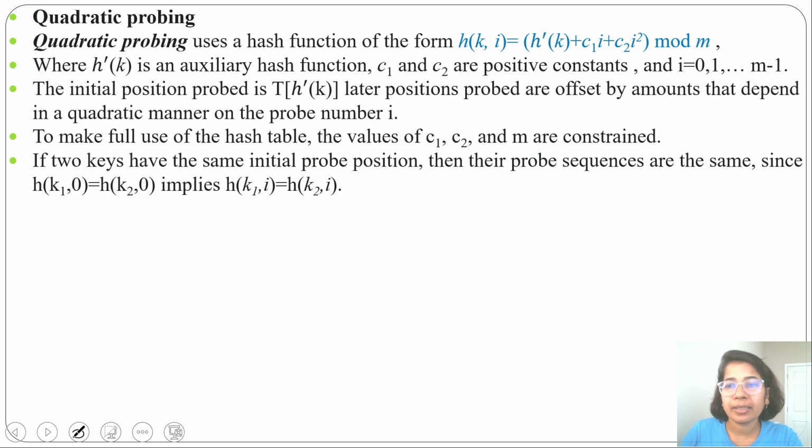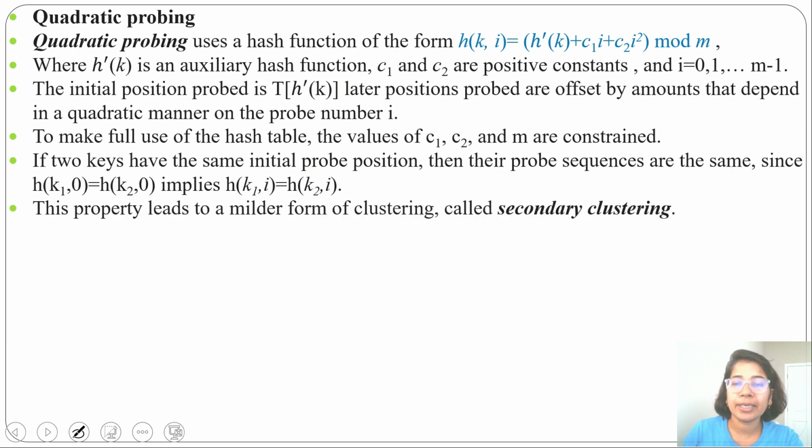So it's not guaranteed that we can successfully insert a key into the hash table. This problem is known as secondary clustering. Linear probing suffers from primary clustering, where multiple keys can gather in one place, and quadratic probing suffers from secondary clustering. Two keys may follow the same sequence.